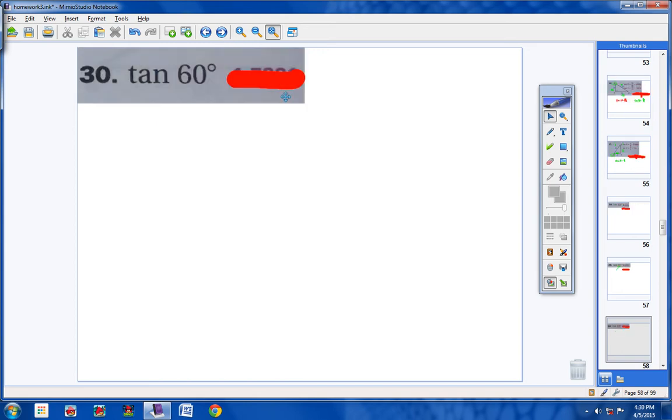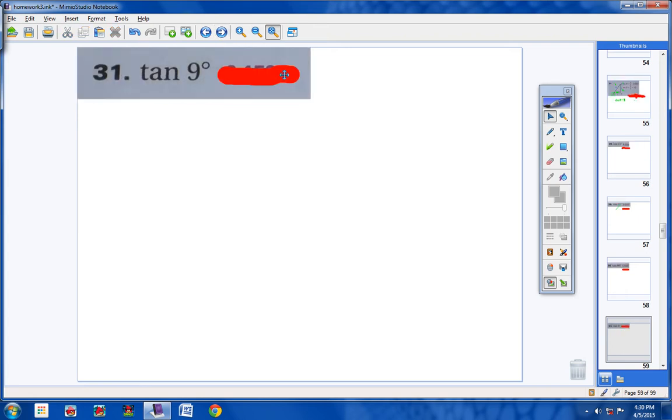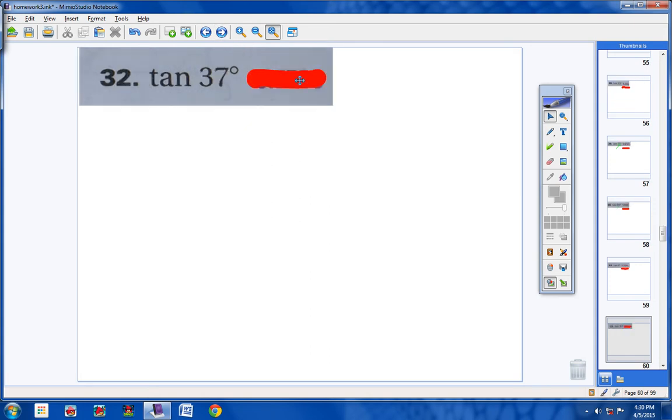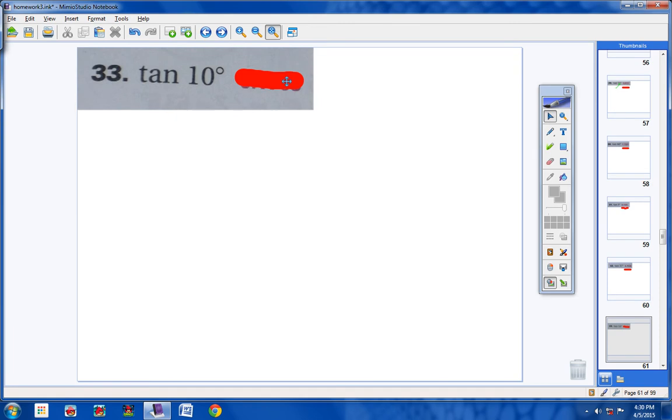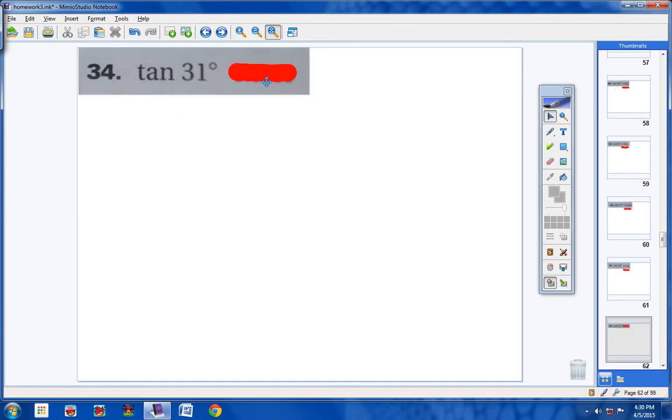Type in tangent of 60, you should get this. Type in the tangent of 9, you should get this. Type in the tangent of 32, you should get this. Type in the tangent of 33, and you should get this. Tangent of 31, type it in correctly, and you will get this right here.